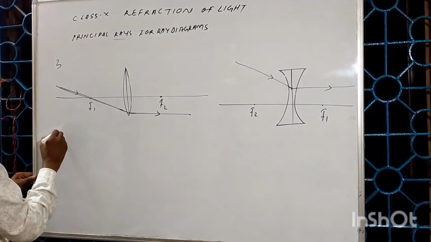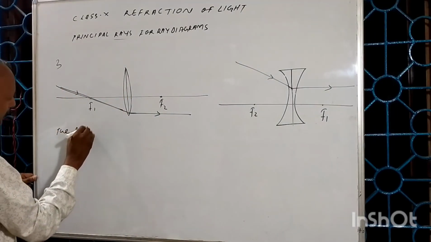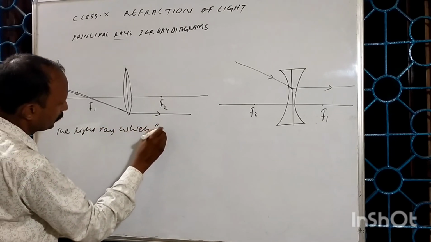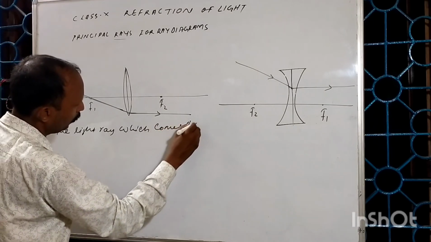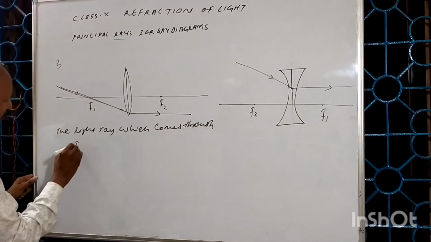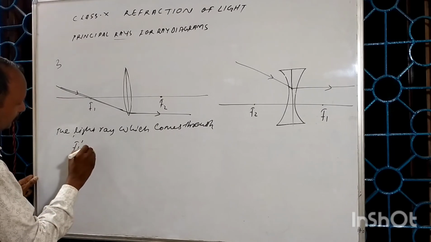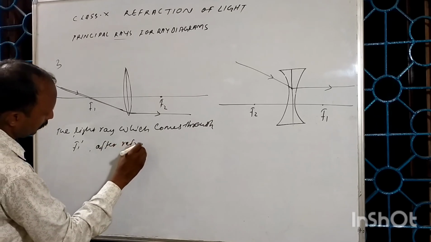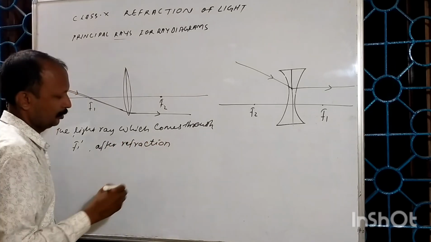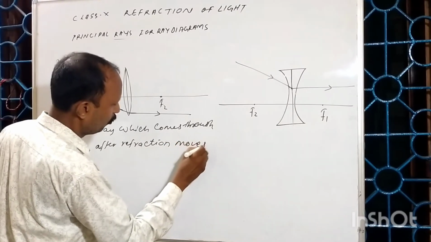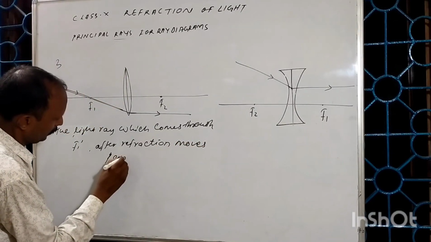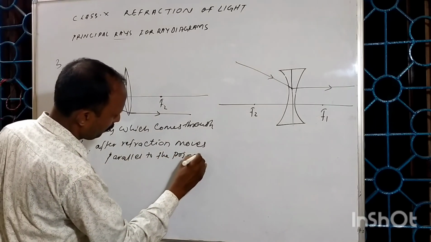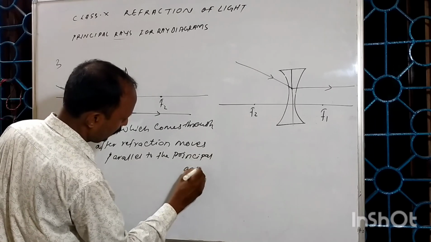So I can say that the light ray which comes through F1, after refraction, moves parallel to the principal axis.